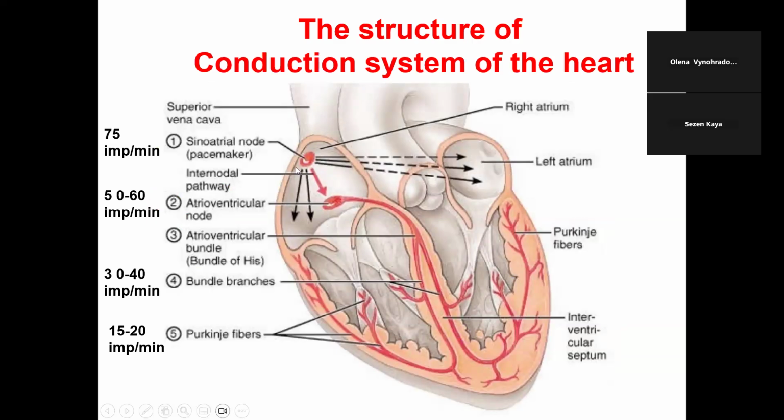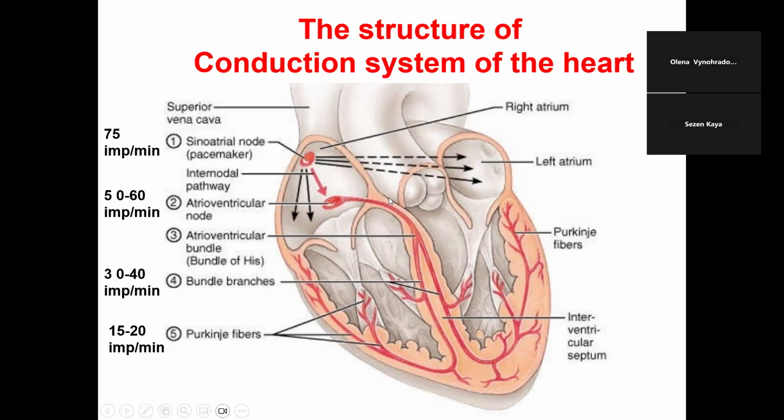First, the sinoatrial node, located in the right atrium of our heart. Second, the atrioventricular node.